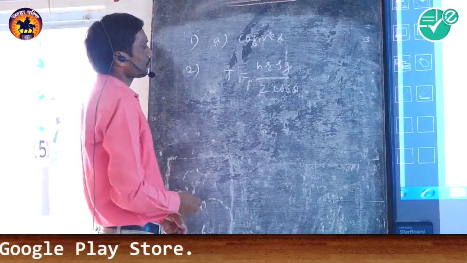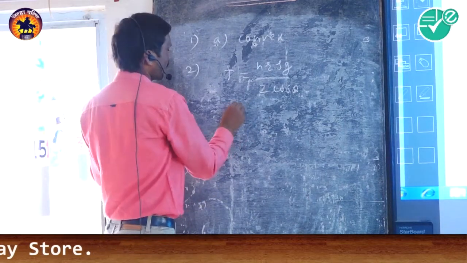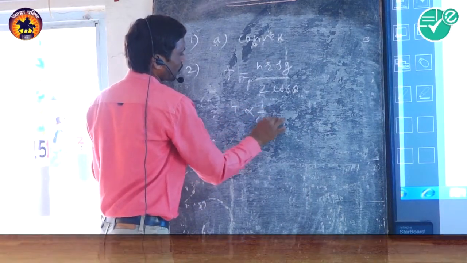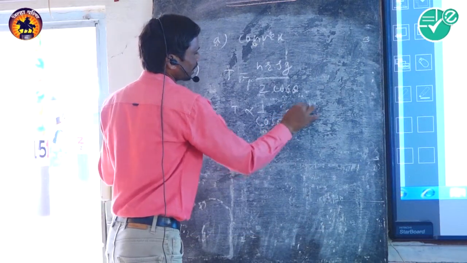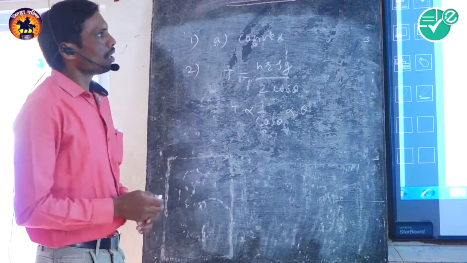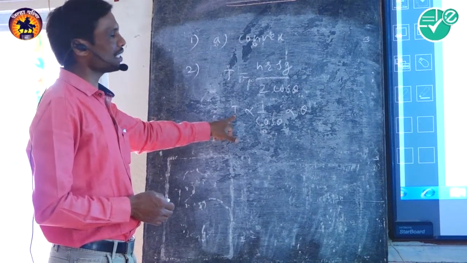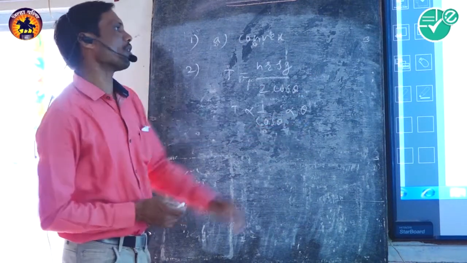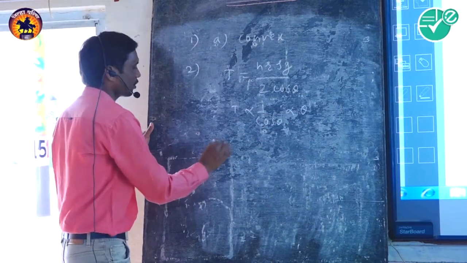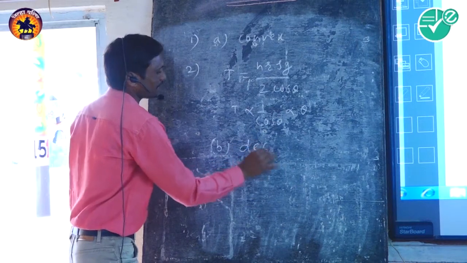It means T is inversely proportional to cos theta. It means T is proportional to theta. So with increasing temperature, surface tension decreases. It means obviously the angle of contact also decreases. It means option B is correct. It decreases.